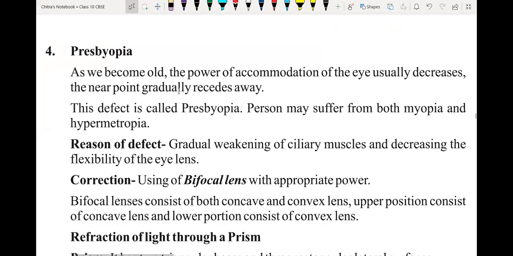Okay, so now we are going to discuss the fourth eye disease called presbyopia. Presbyopia generally affects old people. For the aging population, it is mostly common. In this defect, the power of accommodation of the eye lens decreases generally, because the ciliary muscles are not functioning properly.